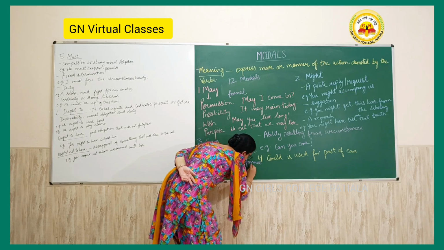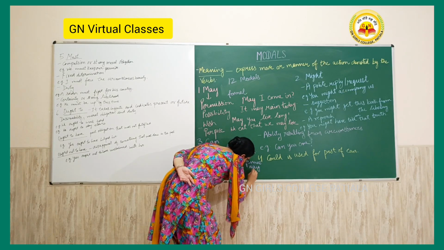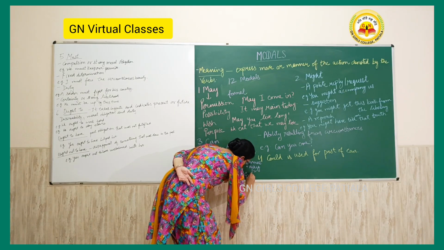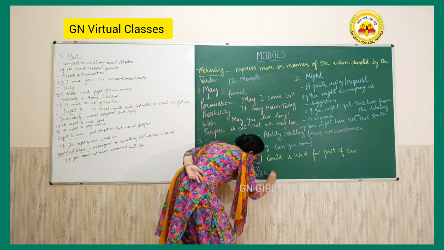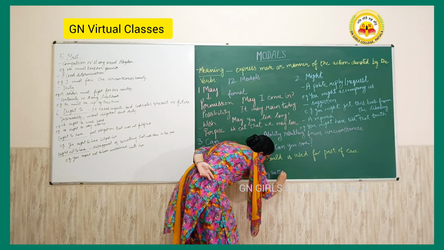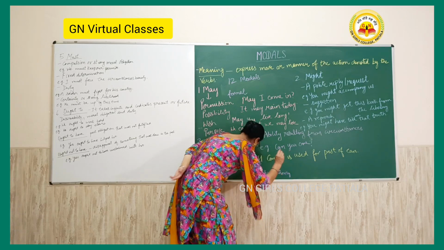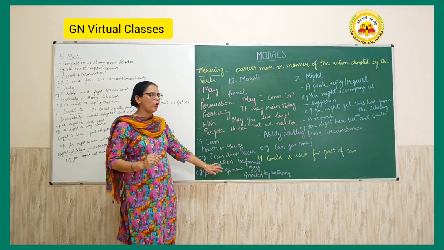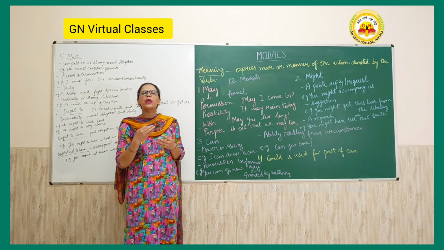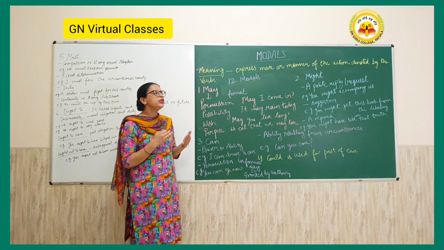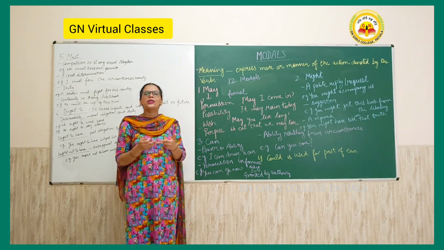Informal way, or granted by authority. For example, you can go now. When you are asking your higher authority, may I go? That is the formal permission you are asking.